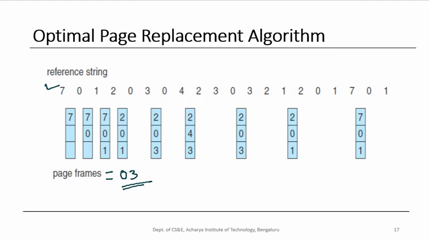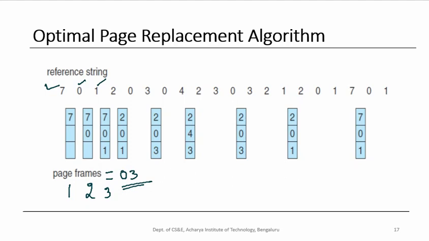So there will be a page fault every time a reference is made to a page till all the frames get filled. When the reference is made to 7, it is a page fault and 7 is loaded into the memory. When reference is made to 0, this is again a page fault and 0 is loaded. Similarly, when reference is made to 1, that's a page fault and it is loaded into the memory.